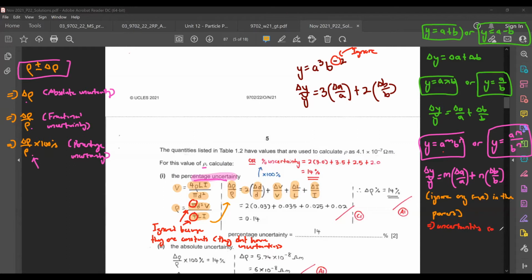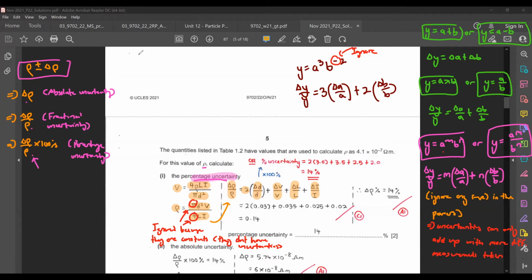The reason why we ignore negative is because uncertainties can only add up with more different measurements taken. Okay, the more things you try to measure, each measurement actually has its own errors. So if you measure more and more things, your errors are only going to add up.